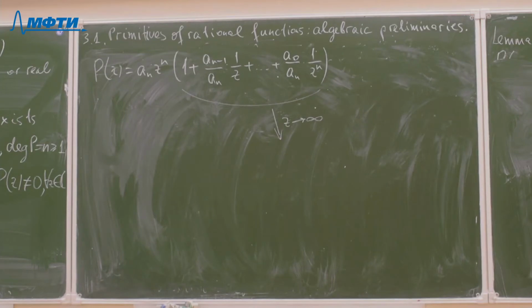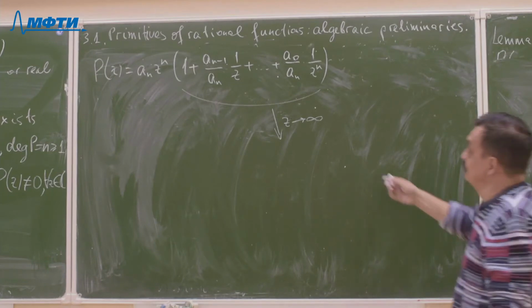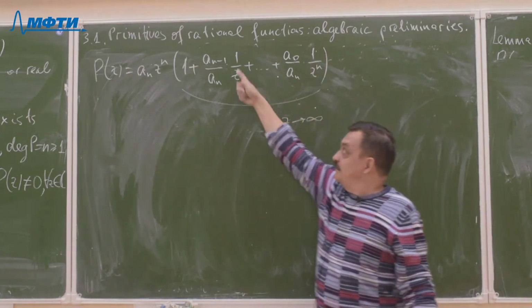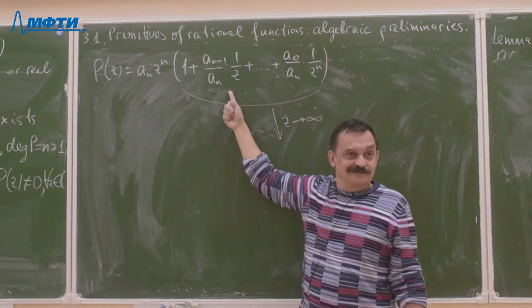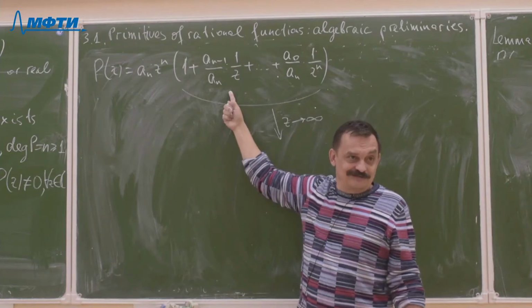But it's easy to understand what it is. If the modulus is infinite, then z tends to infinity, right? Officially, there was no definition, but clearly 1 over z tends to what? 0, right?